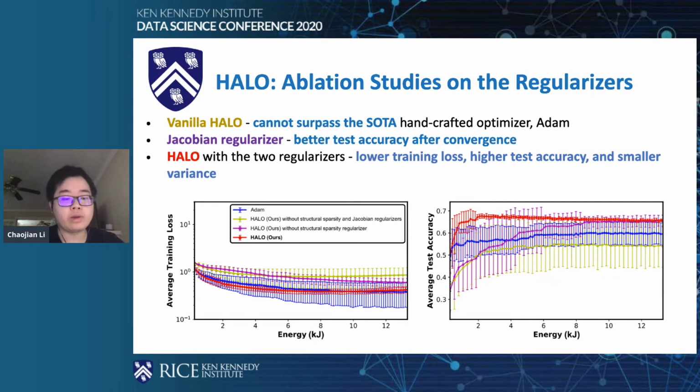And Hello with both regularizers leads to lower training loss and higher test accuracy while having smaller variance in the same energy bucket as compared to all baselines, which proves that the two regularizers integrated into Hello not only enable faster adaptation with reduced energy cost, but also offer a bonus benefit of improving convergence stability.